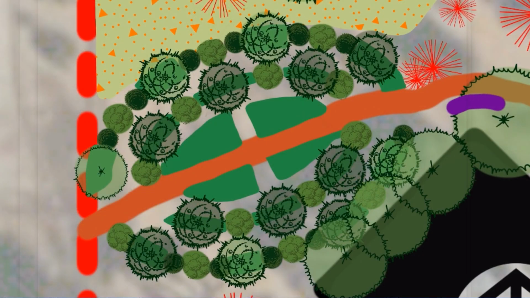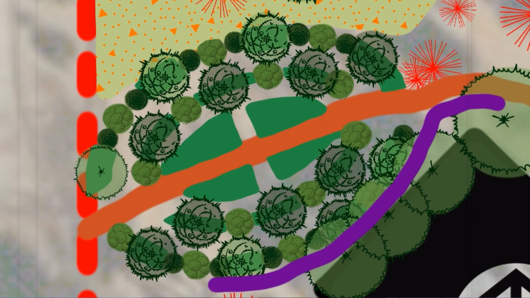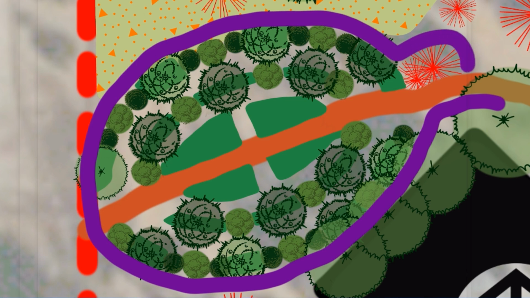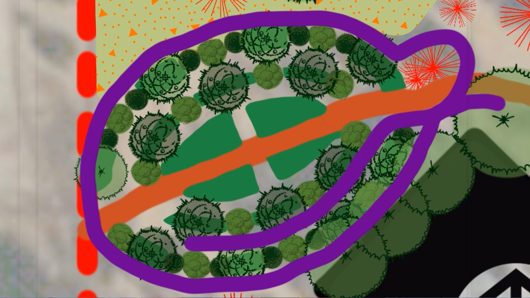Another way that we'll be using the edges and valuing the marginal is by creating surrounded pathways. So I want this meandering path that goes all the way through this garden, this food forest ecosystem, just surrounded by abundance. Anywhere that you turn, there's going to be, within arm's reach, 5, 10 different plants that you can grab from.